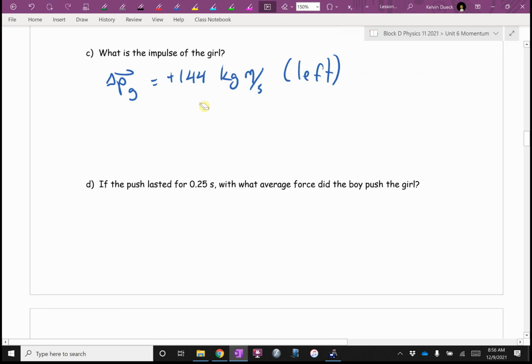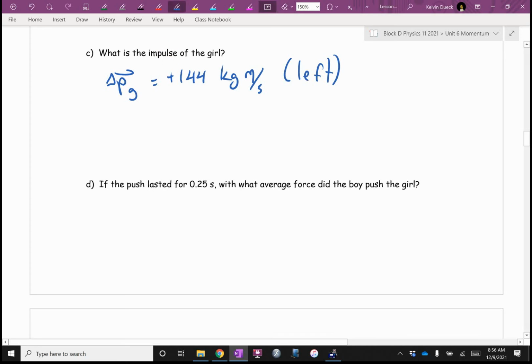If the push lasted for 0.25 seconds, what's D asking me to find? Force. I could probably go F equals ma. Probably could. But what did I just find in part C?